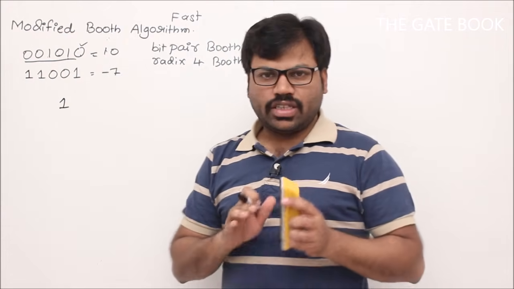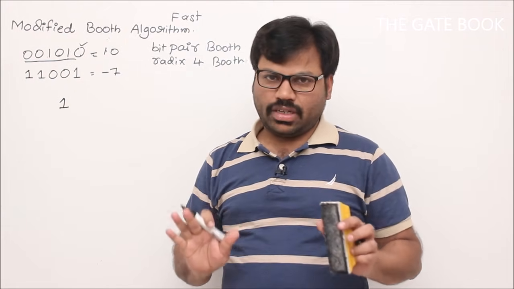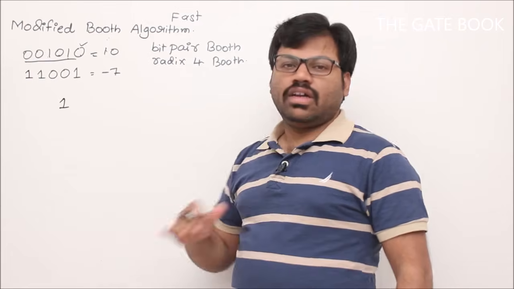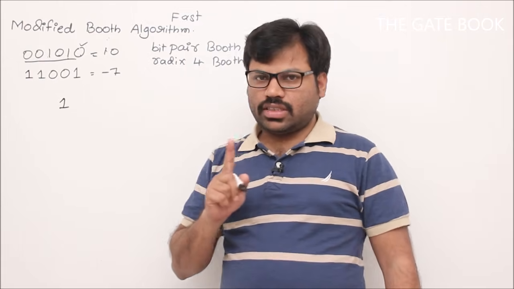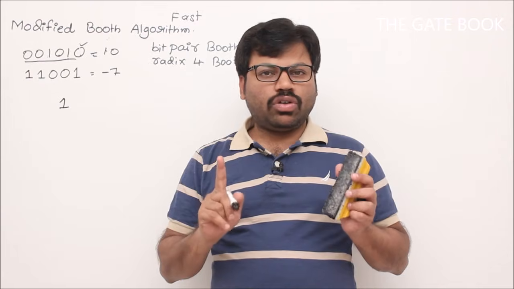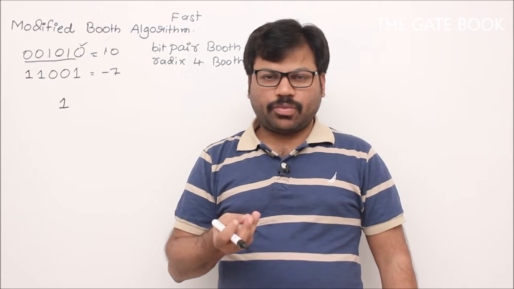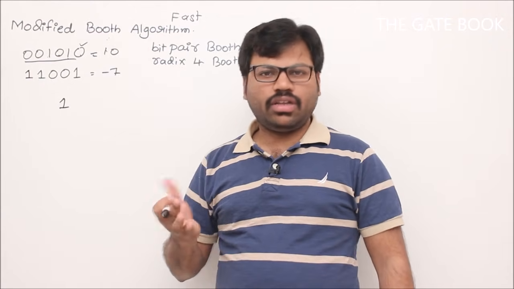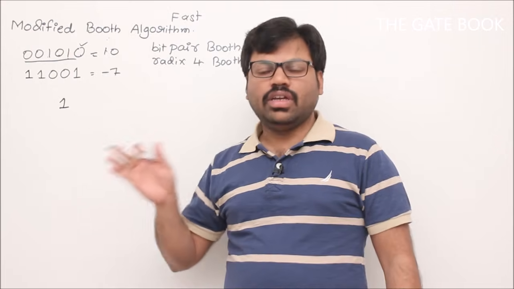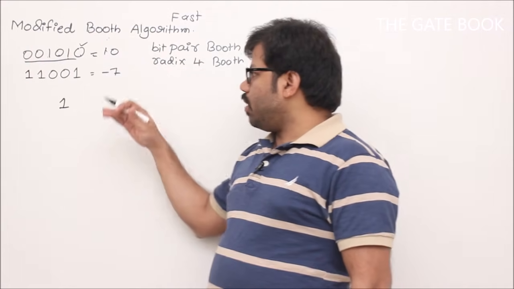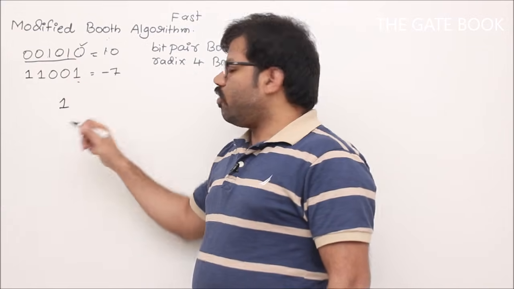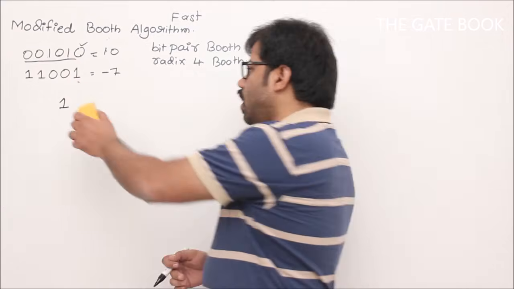I don't want to spend much time here, that's why I'm just giving the rough idea. So don't try to understand everything. Only two things try to understand. One thing, are you able to find out that code? That means bit pair encoding. Yes, that is very simple. The second thing you should know about modified Booth algorithm is, based on which pattern we will be taking which action. Okay, I will tell you.